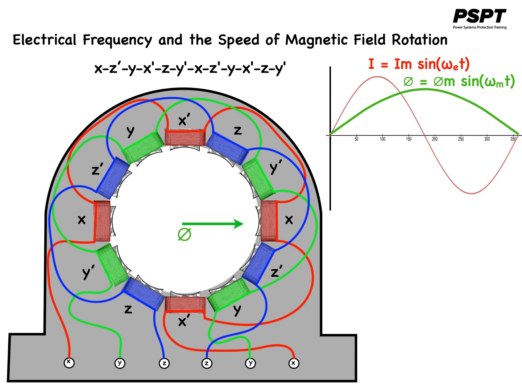That is to say, one electrical cycle goes through 360 electrical degrees, and the mechanical rotating field goes through 180 mechanical degrees. Clearly, the frequency of the supply is twice that of the rotating field. The relationship between the stator electrical angular velocity, omega E, and the mechanical angular velocity, omega m, is given by this equation.